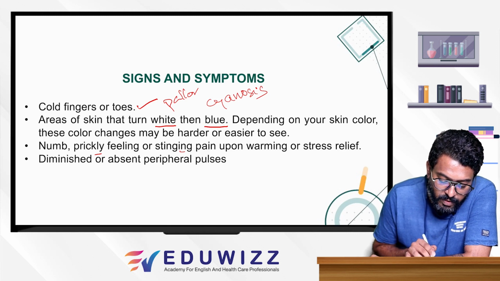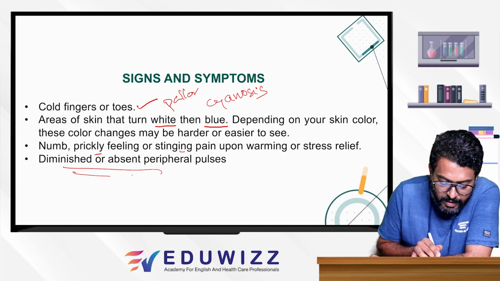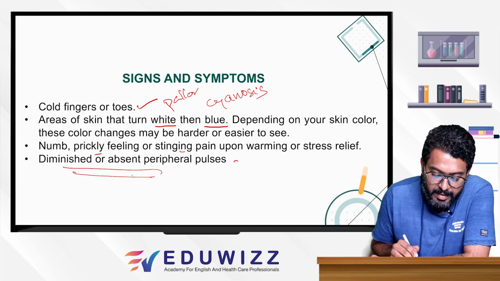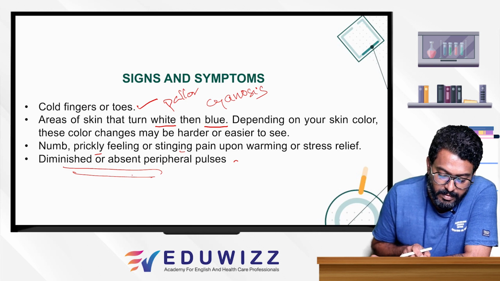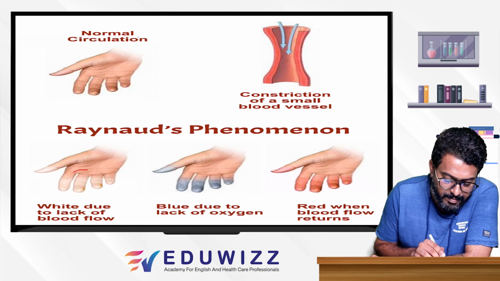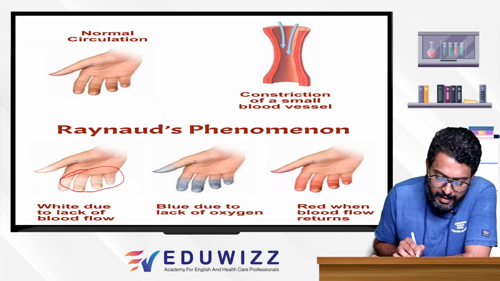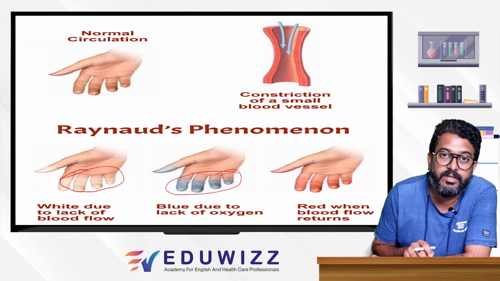Last is diminished or absent peripheral pulses. Due to decreased circulation, the peripheral pulses will be diminished or absent. So this is the feature. First it will turn white because of decreased blood flow, then because of lack of oxygen it will turn blue, which is cyanosis.